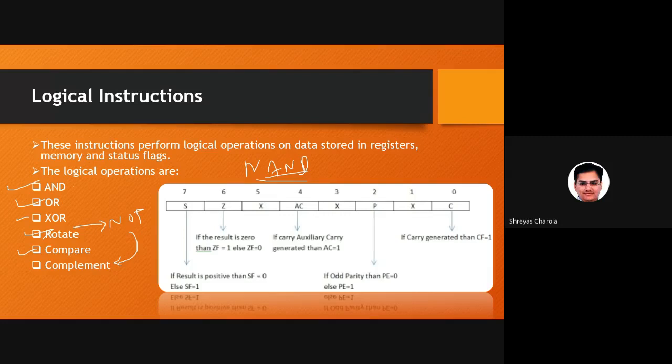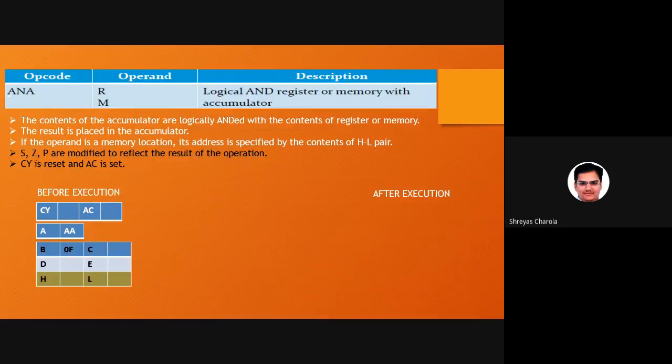Okay, fine. Let's start with the first instruction. All of you know about the AND operation. In arithmetic, whenever you want to do an addition, with which register will it do the addition, and where will the answer be stored?